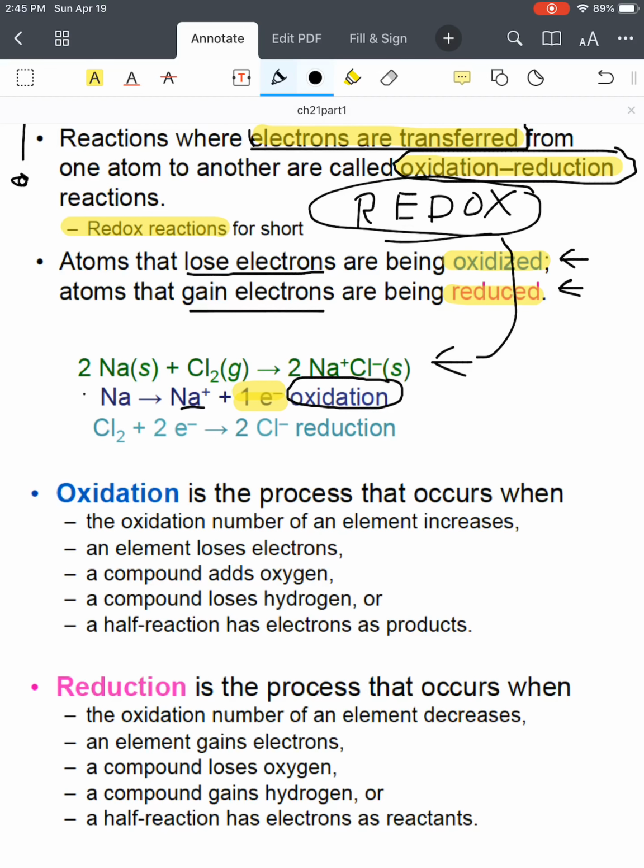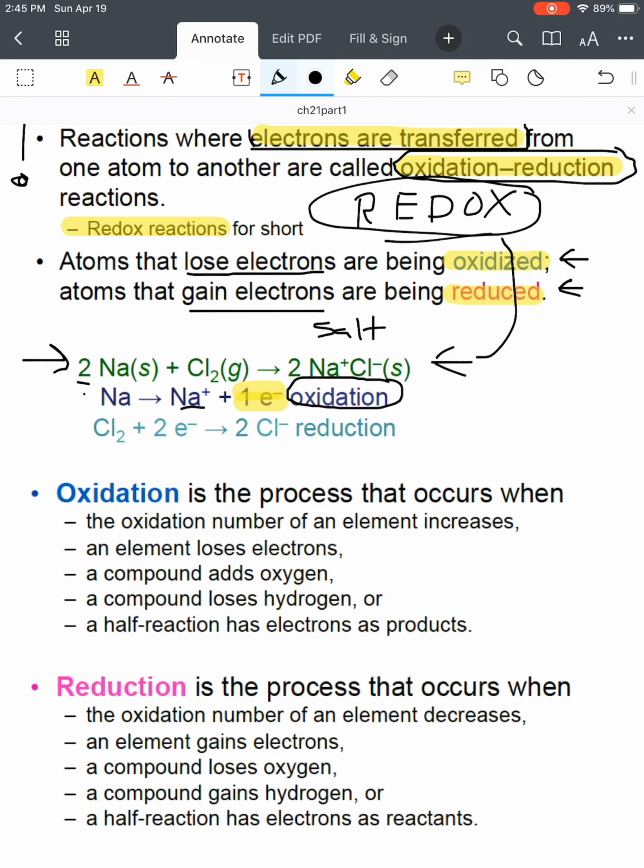Now, on the other hand, in this overall balanced chemical reaction, it looks like we take two of those sodium atoms and we react it with one molecular chlorine unit, or Cl2, to make table salt, NaCl, 2 copies of that. Well, what happens with respect to the chlorine? Let's key in on that.